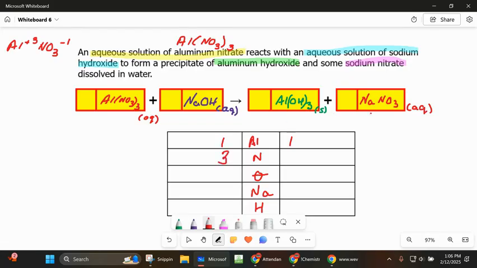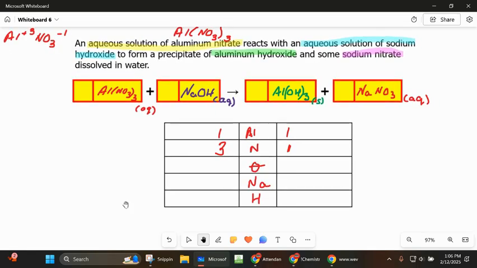How many on the product side? 3. Nope. Oh, 1, sorry. Yep, be careful. No number by it means there's only 1. The reason for the 3 here was the parentheses. The parentheses allowed this 3 to distribute out to both the nitrogen and the oxygen. I'm ignoring oxygen. Just the easiest thing for me to do right now is ignore oxygen.